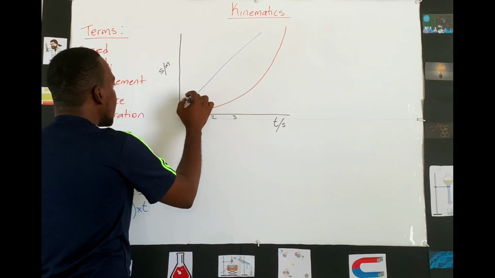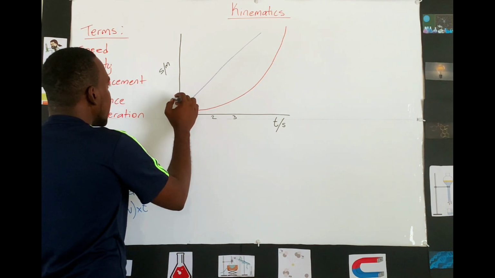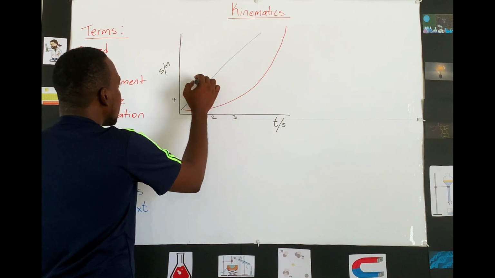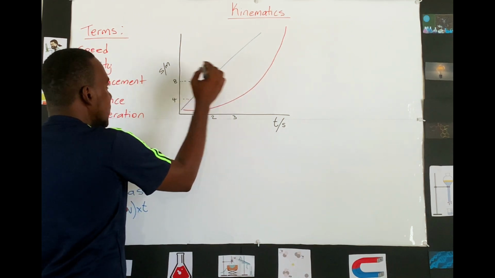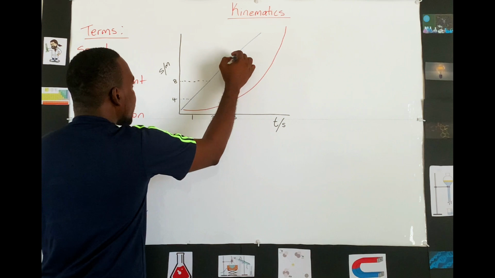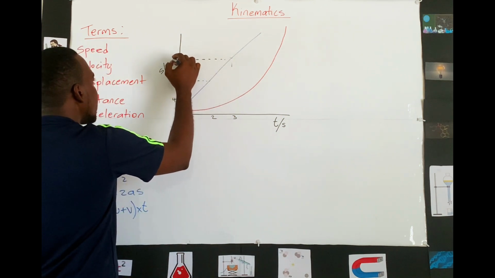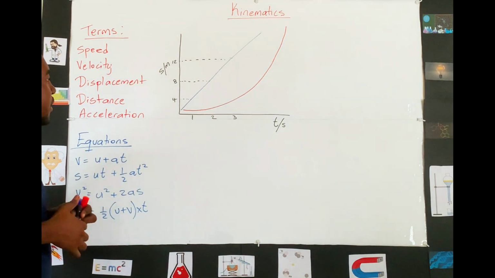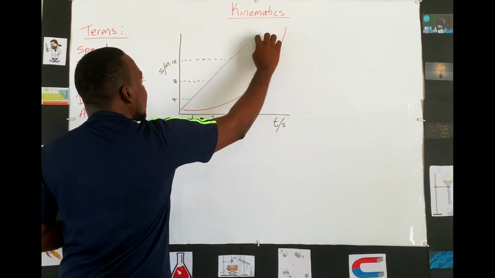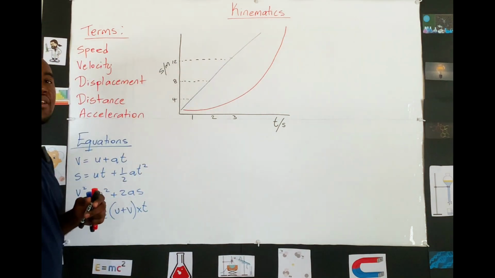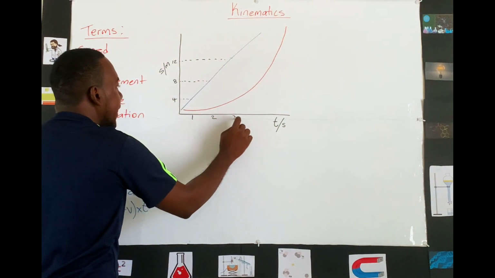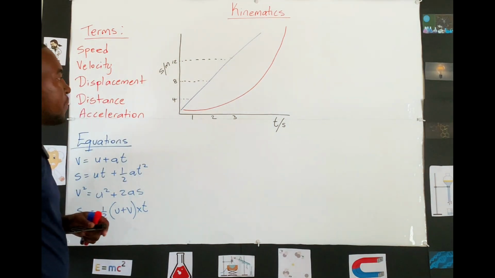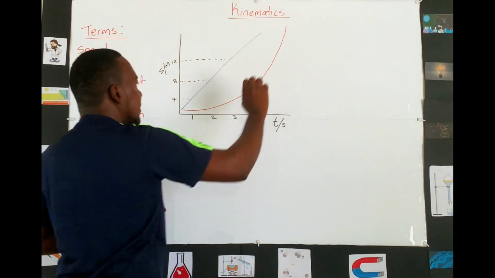If at 1 second the object covered 4 meters, then at 2 seconds we expect the object to cover 8 meters. And then at 3 seconds, we expect another 4 plus that, so it's 12, sorry. So this straight line gives us an idea that the object, every unit time, is covering the same distance between those times.